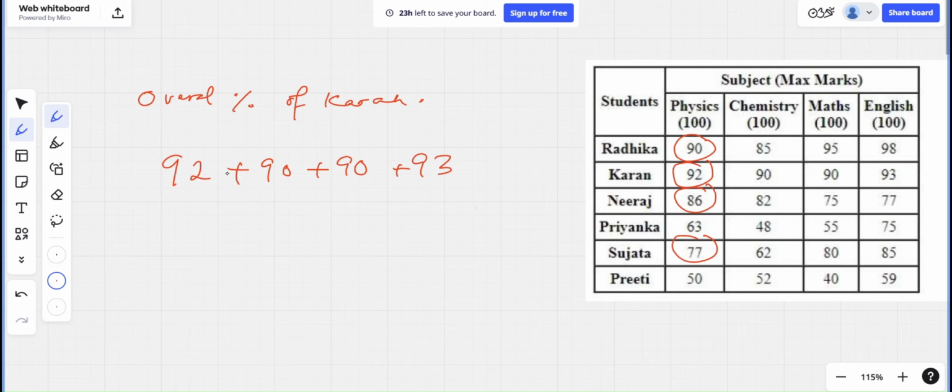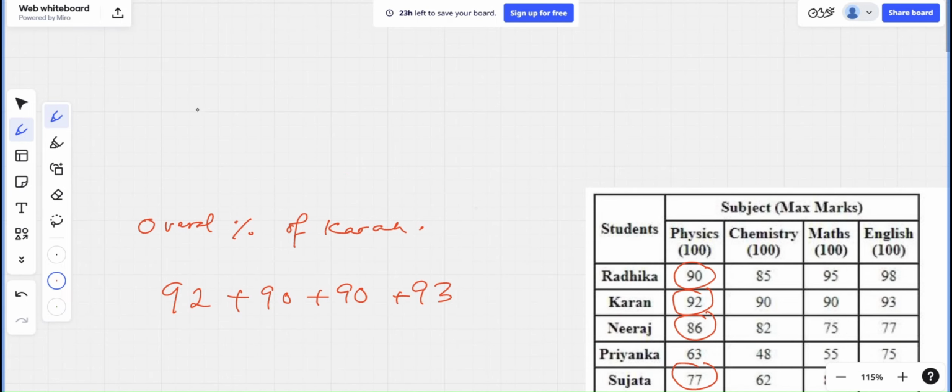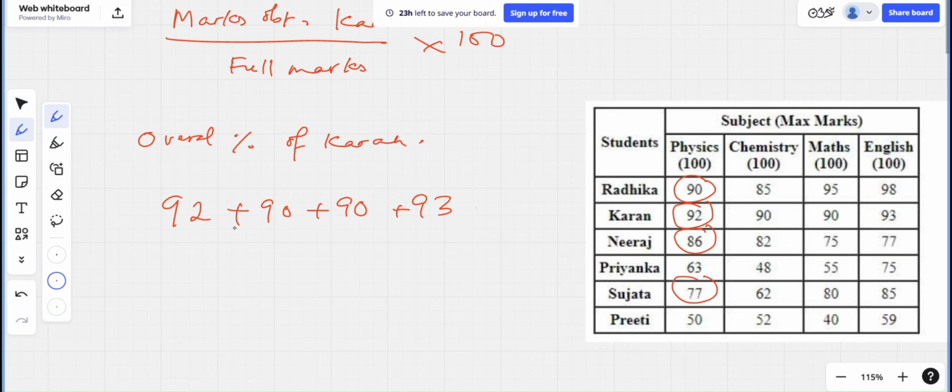So the formula would be: marks obtained by Current divided by full marks. They are not asking for average, so you won't do that average thing. You have to divide by the full marks. Since there are four subjects, it is 400.